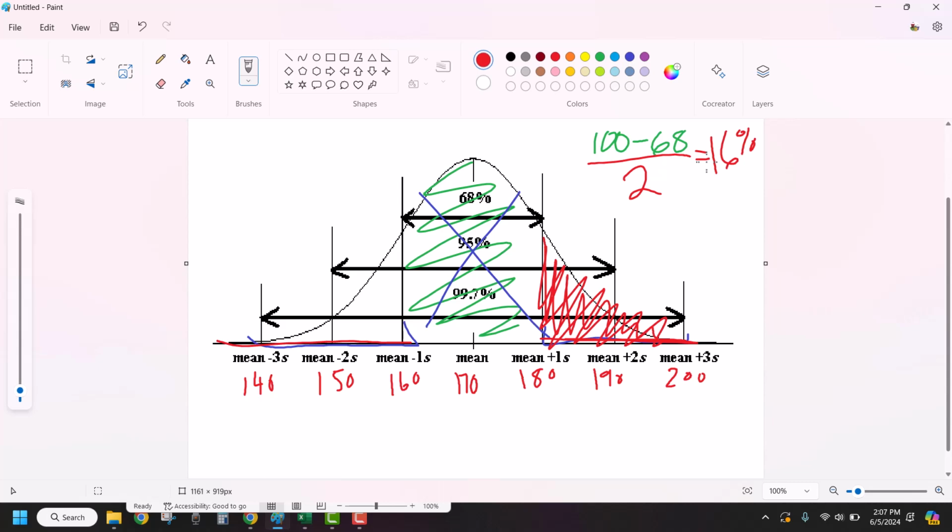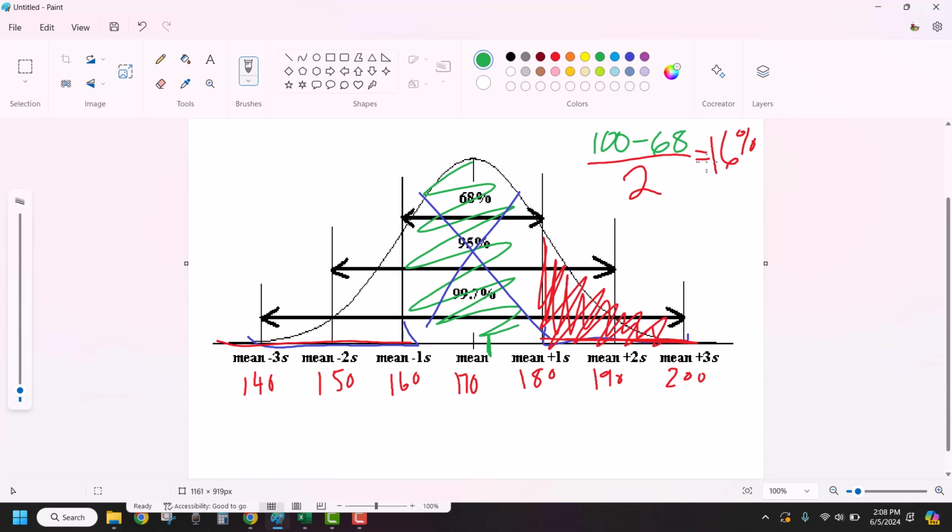Now, a lot of times you're dealing with data points that are not exactly 1 or 2 or 3 standard deviations away from the mean. For example, you might have a woman who is 172 pounds. So she's above the mean, but she's not a full standard deviation above the mean.